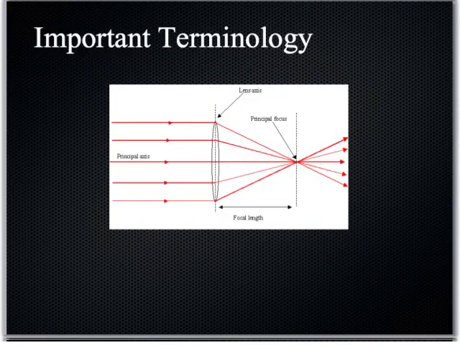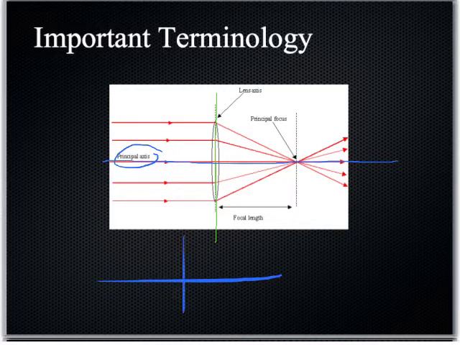So some important words here. We've got a lens axis, the line going straight down here. We have our principal axis, which is the line going across that way. When we draw diagrams, we only have to put in these 2 lines, and you can just draw a little symbol to show what type of lens it is.